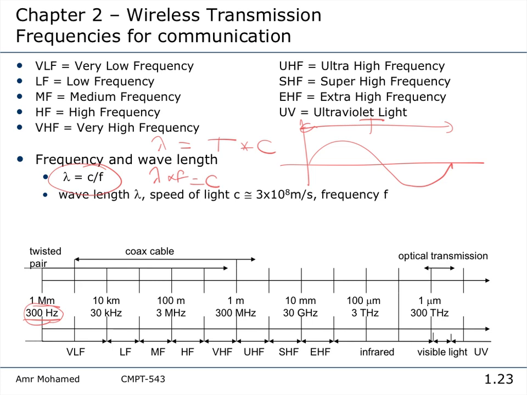What is the implication of this? The implication is that in very low frequency ranges, usually the signal has a lot more ability to penetrate, to travel through any medium, to travel through any obstacle, right?